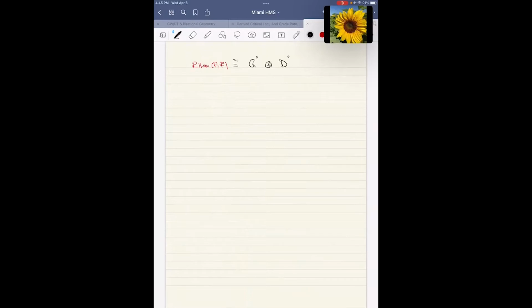Now let us look at cohomologies of this. As I said, this is Ext^1, Ext^2 on a threefold, and Ext^3. Now by Serre duality, these two terms are equal to each other.